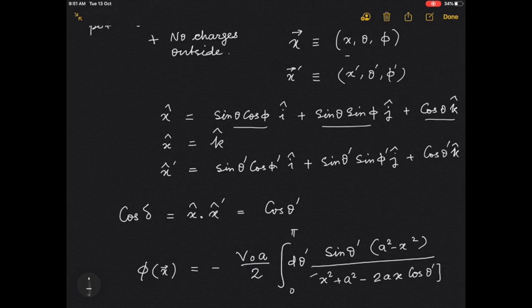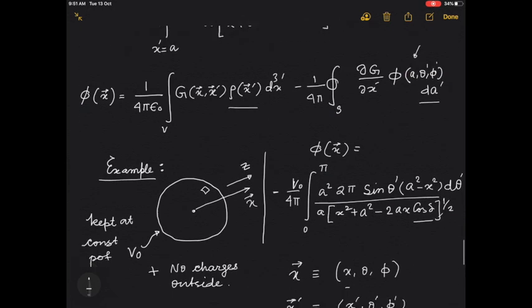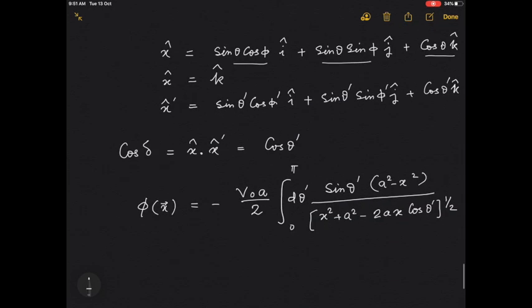This is not x prime. I think that is the integral. Okay, so please verify. Please check.